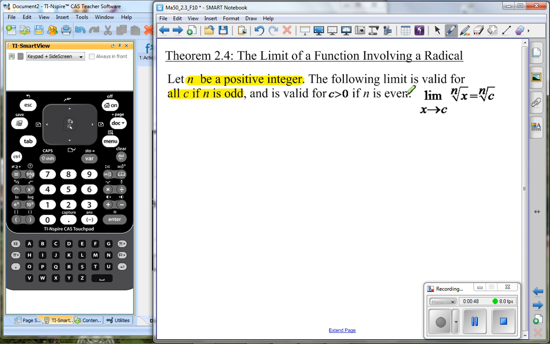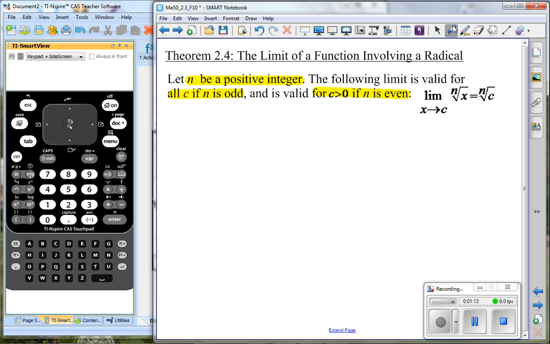If n is even, then it's only valid for those that are positive. If you think about it, if we're taking the square root of x, then we would have to make sure that our radicand, the value inside, is a positive quantity, and so that's why the value c has to be positive.